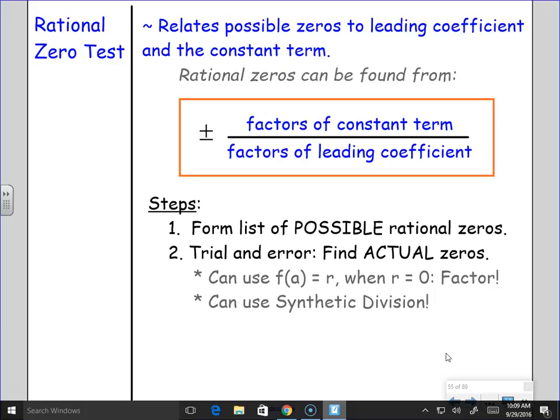So for factoring, remember we multiply the first and the last of a quadratic, but for anything bigger than a quadratic, if we're trying to figure out the possible zeros or solutions, we take the first divided by the last, but not just the first number and the last number, all the factors of the first number. Oh, I'm doing it backwards. All the factors of the last number divided by all the factors of the first number, and they could be pluses or minuses.